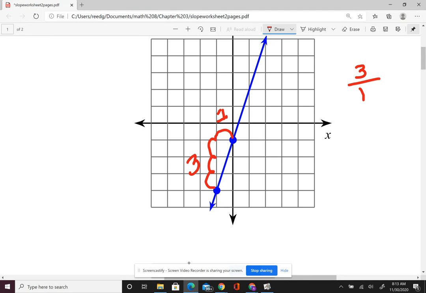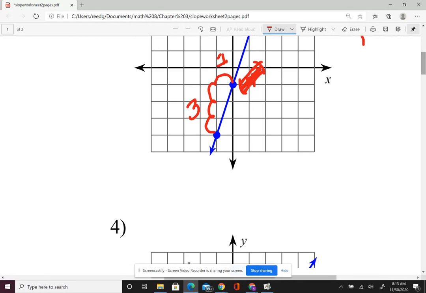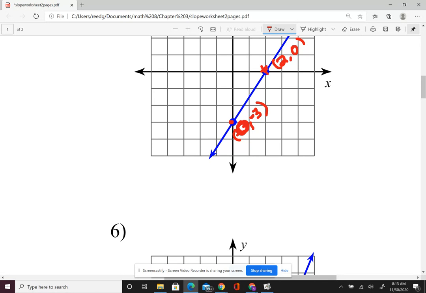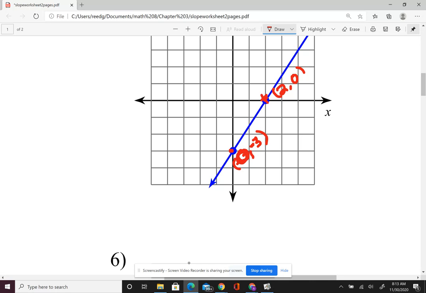Do we have a coordinate right here of 0, -1? We do now, but we didn't before, right? So it really doesn't matter where the points are, but more the relationship between the points. How do you move from one point to the other point? That is what you're asking yourself. So from here, if I start at this point down here, how do I get to the other point in terms of rise and run?